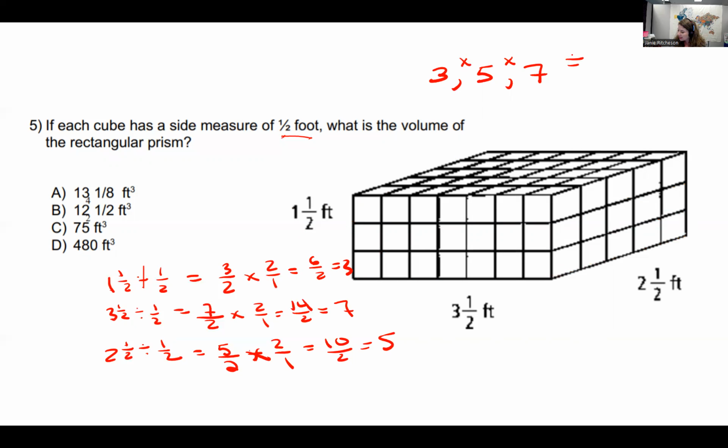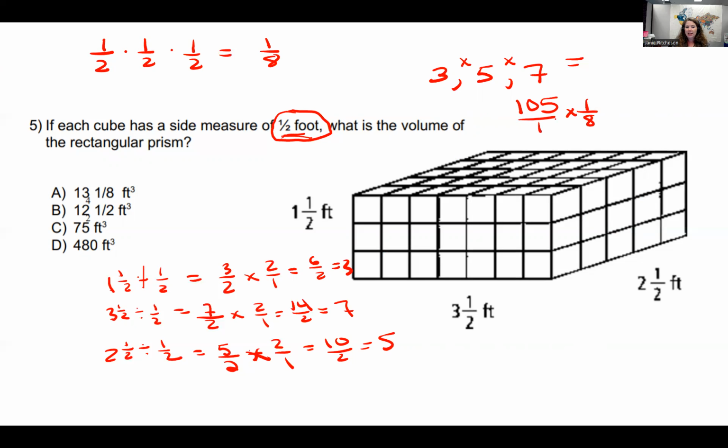So 3 times 5 times 7 is 105. And the very last thing we do is find the volume of one of these small boxes. To find the volume, we're going to multiply 3 dimensions together. So this is 1/8. The very last thing we do is multiply 105 times 1/8.